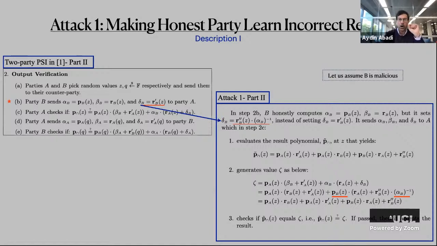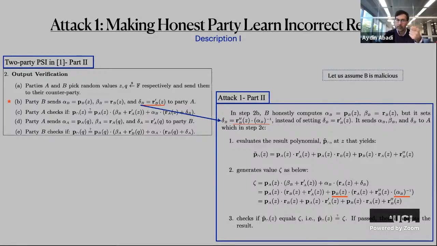Instead of setting delta_B to R'_B evaluated at Z, it replaces it with the evaluation of R''_B at Z multiplied by a new value.